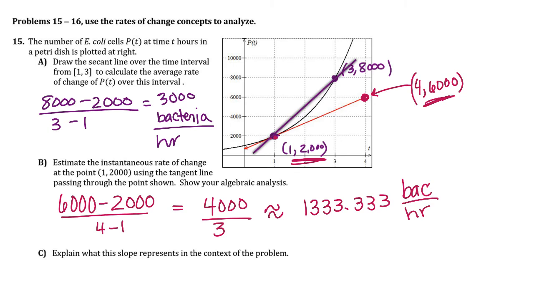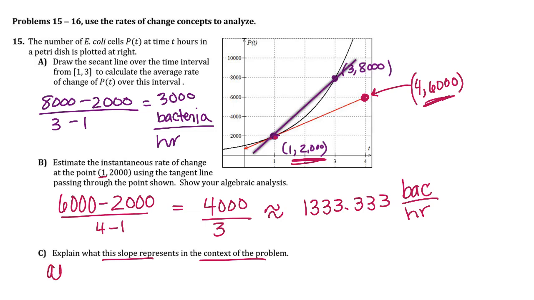Now it says here, explain what the slope represents in the context of the problem. And so it's important that we say in the problem itself. So we're talking about E. coli, not slopes, so we have to be careful here. So notice this was an estimate at 1.